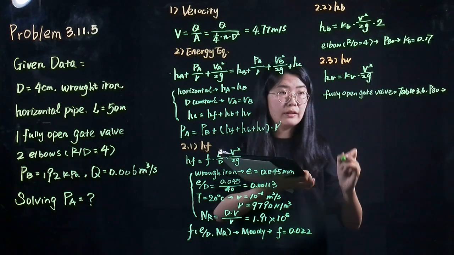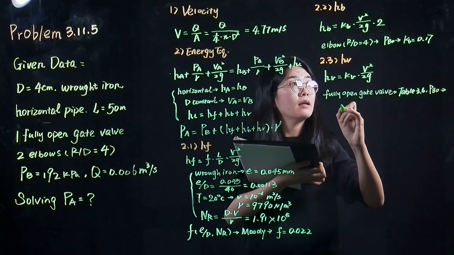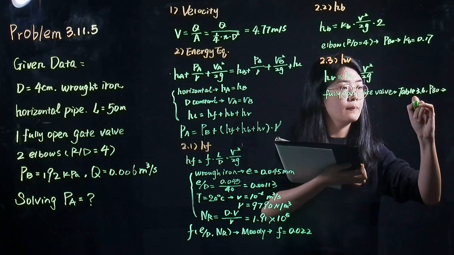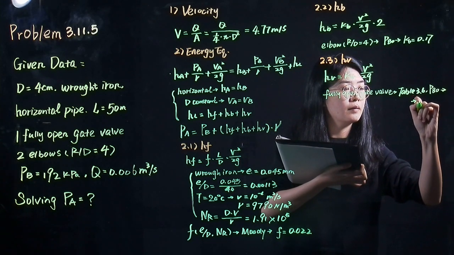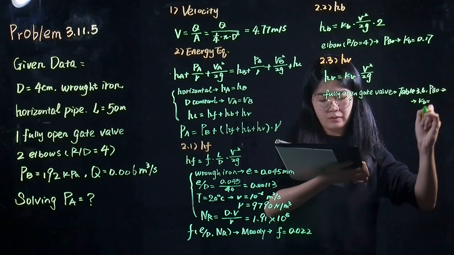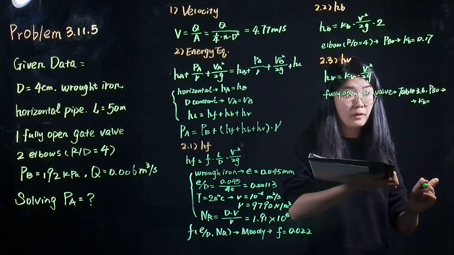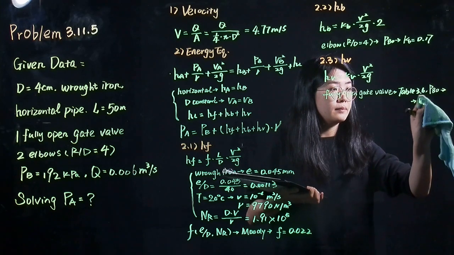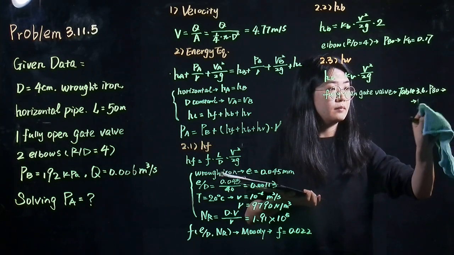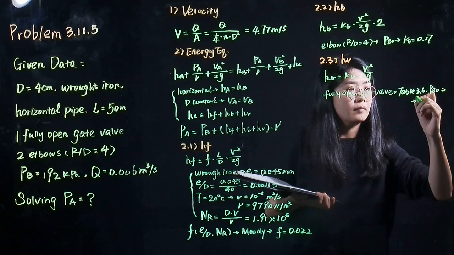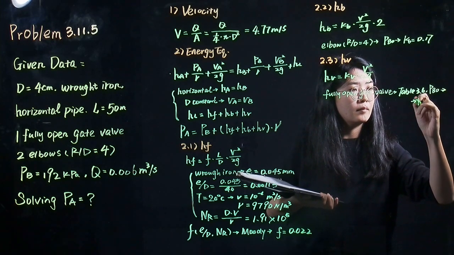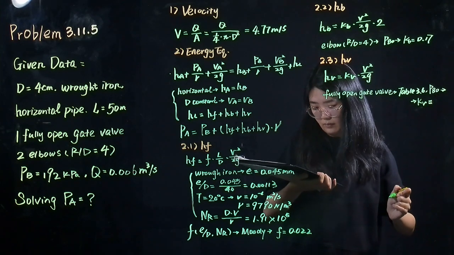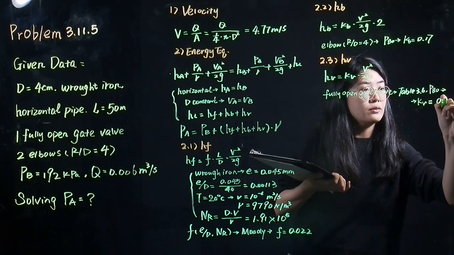We can get the value, it should be KV, 0.15.